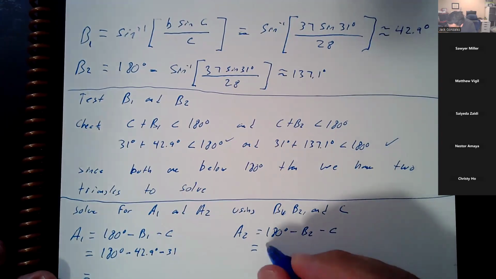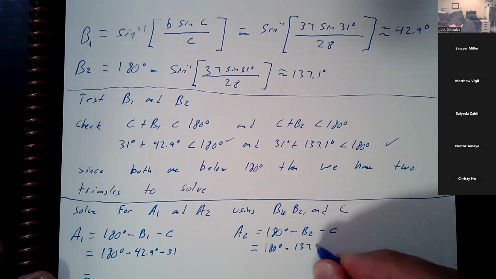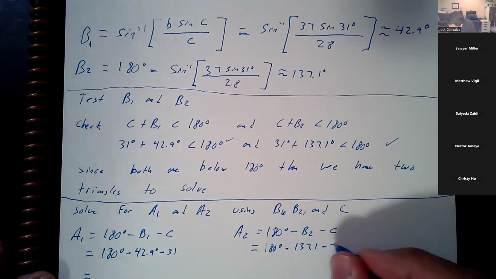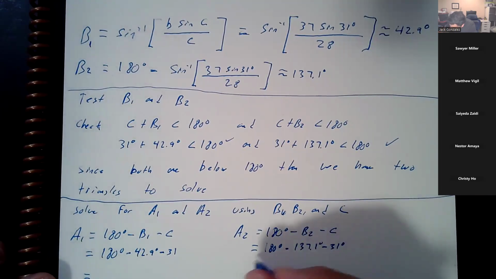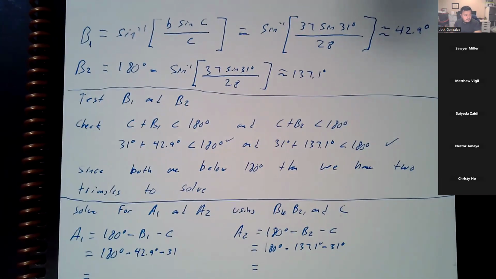Let me write it out first. So just punch it into your calculator and you'll have A1 and A2. So we're almost done with the two triangles.